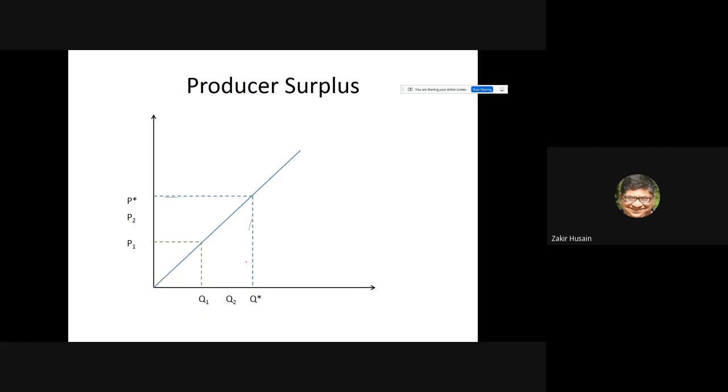So this was the original producer surplus, this triangle. If price goes down, then this is the loss in producer surplus. So again price is changed, and we can see that this part is the change in producer surplus.